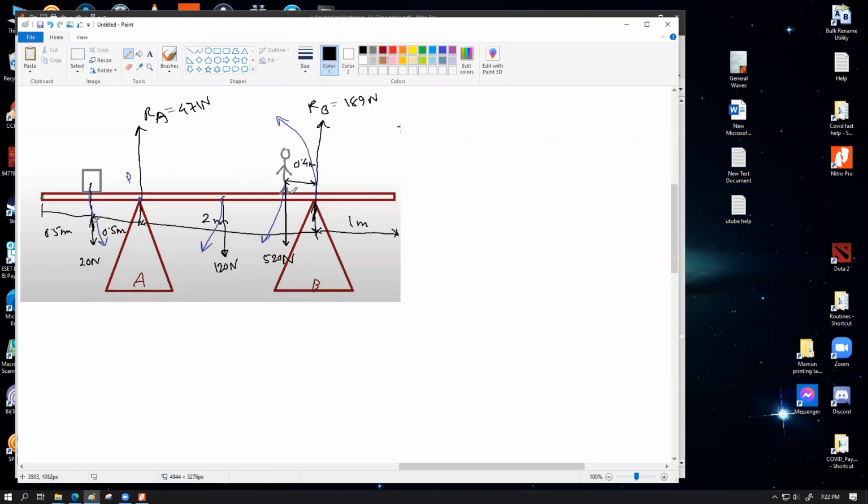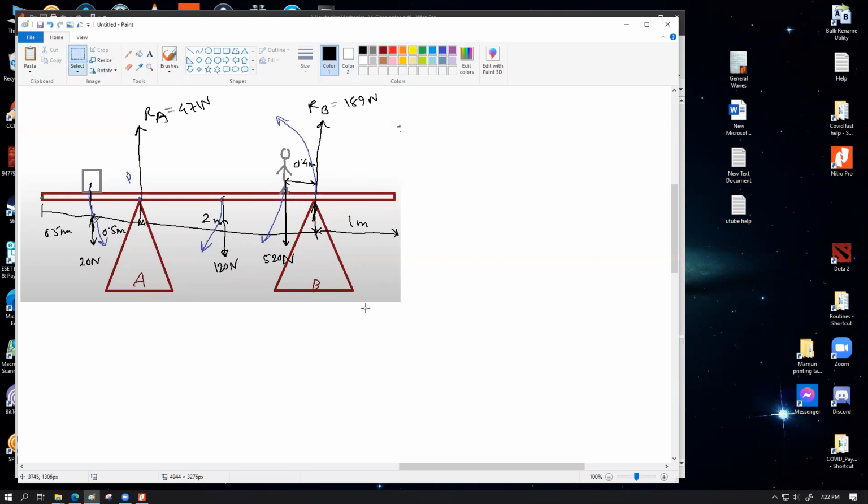If the person walks slowly to the right, he is going to increase the RB value and RA is going to go down, because as he gets closer to RB, he applies less force on one support and more force on the other. When he crosses over to the RB point, let's say when this person has moved over to the RB point on the right side, then one interesting thing is going to happen.